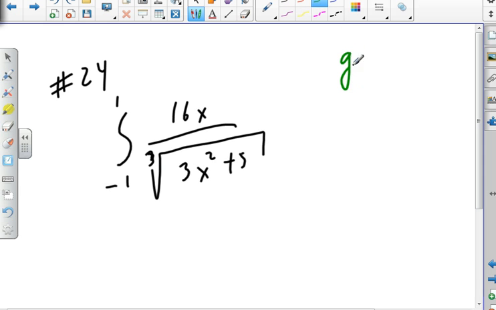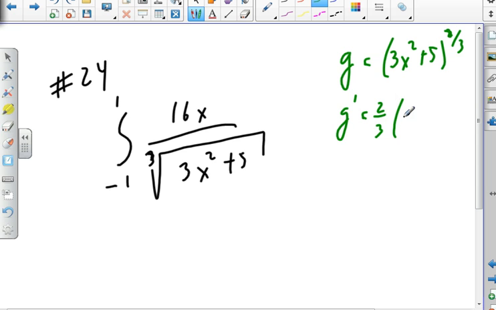So I'm going to guess that my answer is (3x squared plus 5) to the 2/3. When I take the derivative, I'm going to get 2/3 times (3x squared plus 5) to the minus 1/3 times 6x. 6 goes into 3, 3 goes into 6 twice.